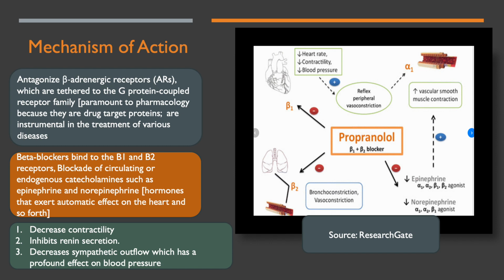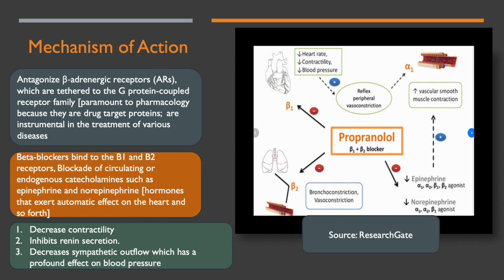Beta blockers bind to beta 1 and beta 2 receptors. They provide a blockade of circulating or endogenous catecholamines such as epinephrine and norepinephrine, which are hormones that exert an automatic effect, or automaticity, on the heart, and also have various functions on other organs.